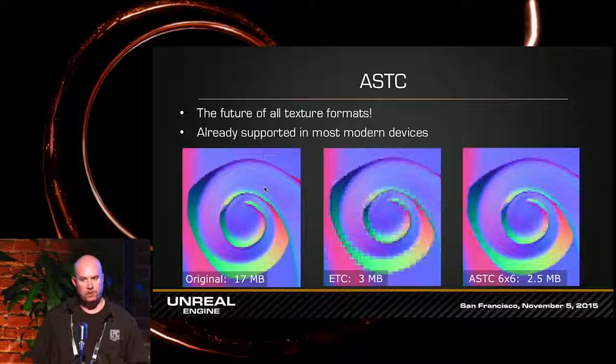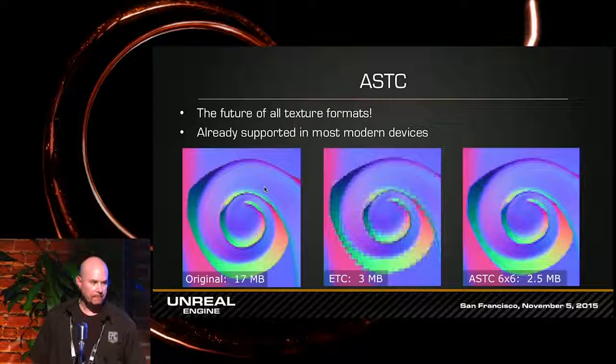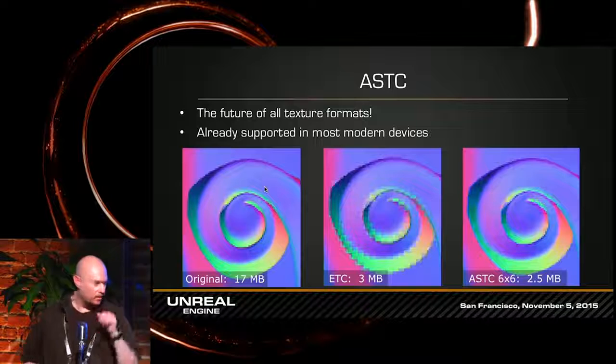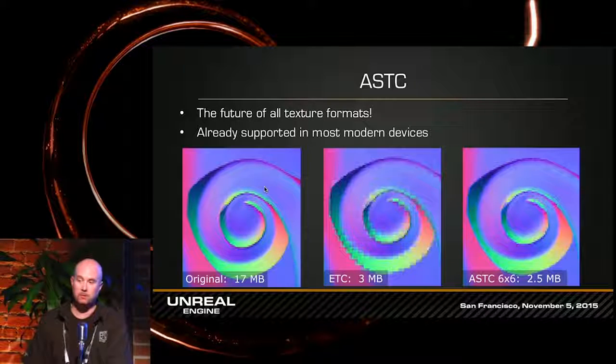It is an open, free standard that anyone can use, any hardware can use, no patents, no licensing fees. So it's coming into OpenGL, and it's supported on most modern mobile phones already.